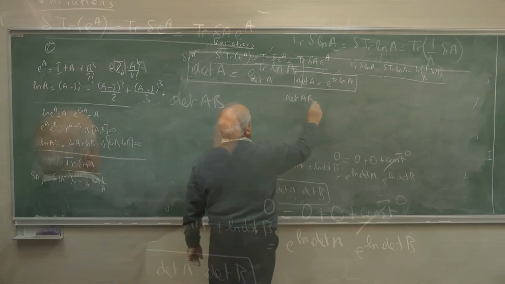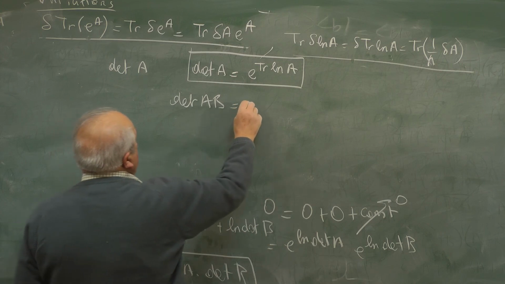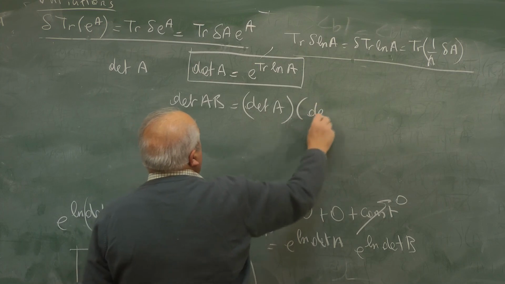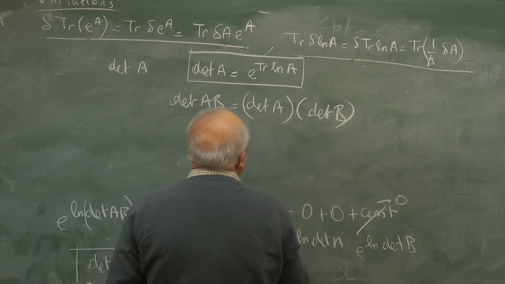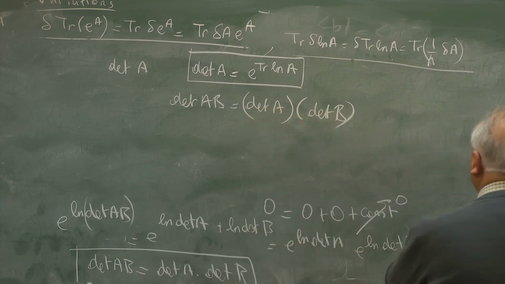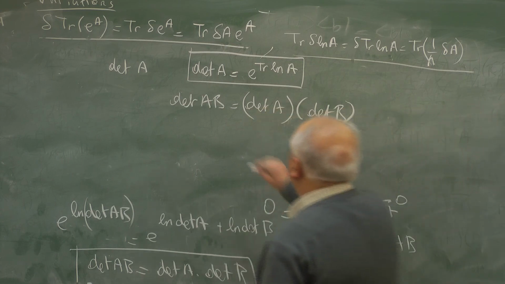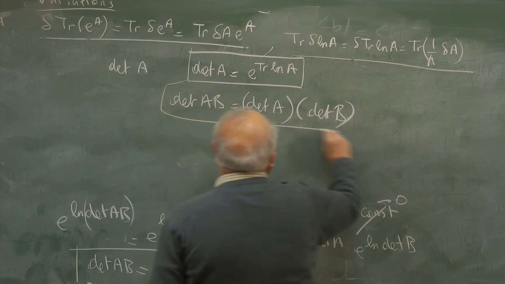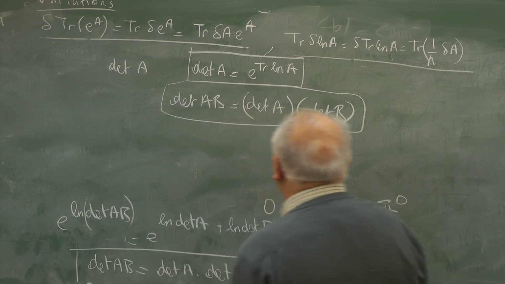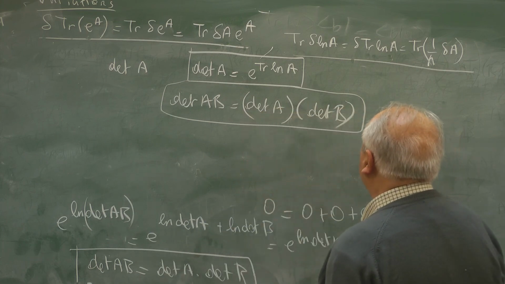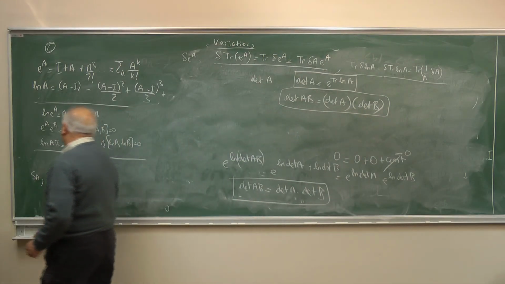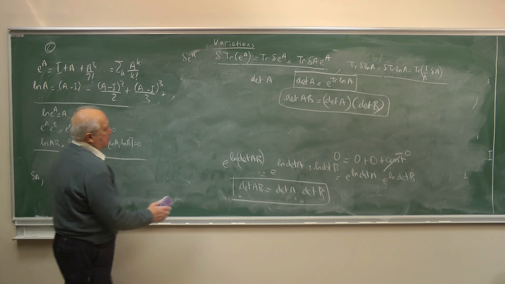Determinant AB is equal to determinant A times determinant B. So these are two very important properties of the determinants. Determinant A is e to the trace log A, and determinant AB is equal to determinant A, determinant B. So one can derive many properties of determinants from using these two relations.